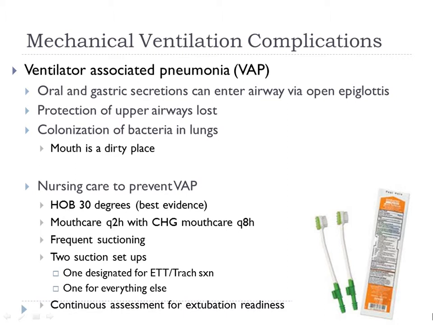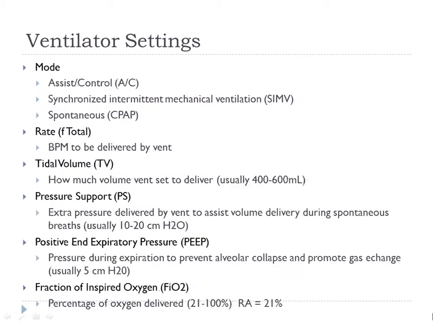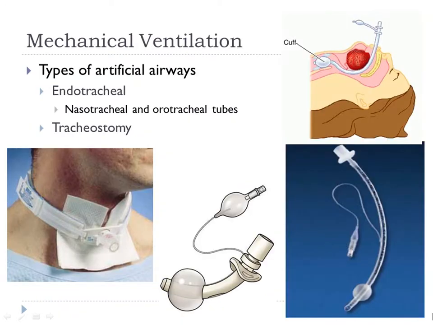One of the top things that we think about is VAP, ventilator-associated pneumonia. With this breathing tube, we have altered the natural airway. The airway protects itself with the epiglottis, cough reflex, and all that stuff to keep bad things out of the lungs. But because the airway is sitting here, the epiglottis cannot close. You see that?